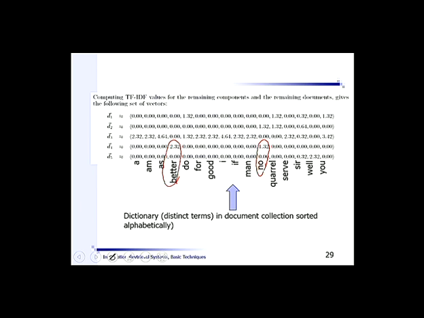All the other components are 0. How these 2 components are calculated, we have just seen: we calculate TF and IDF values and multiply them to get the TF-IDF values.